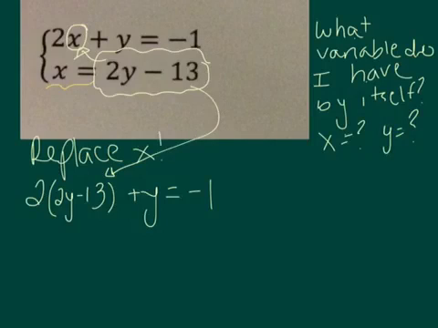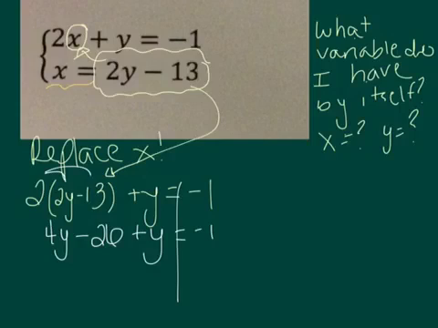Okay, so what came next? We solve for y, so I distribute the 2. I get 4y minus 26 plus y equals negative 1. Now I combine my like terms. 4y plus y is 5y minus 26 equals negative 1.